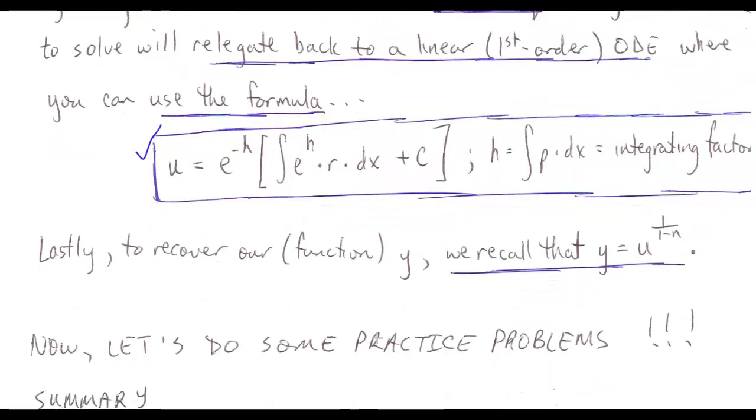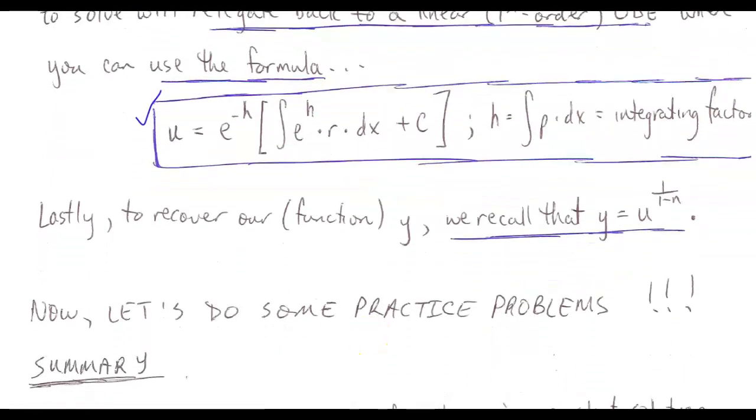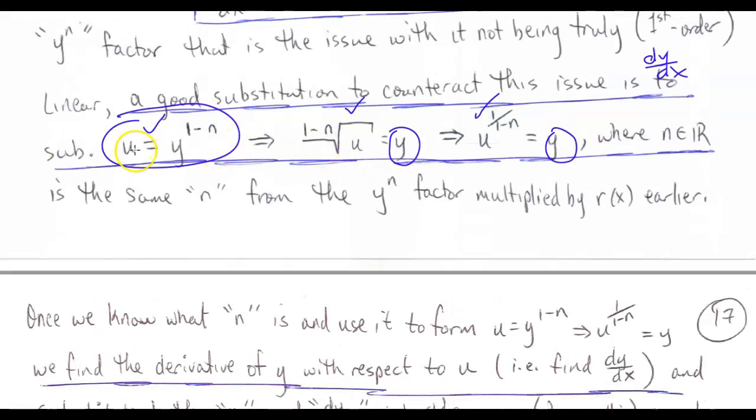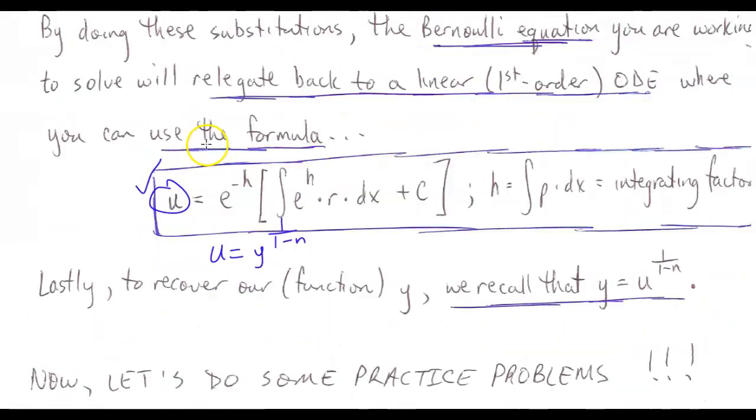All right. So once we actually solve this for u, then of course we know that u is going to be the same as y raised to the 1 divided by n. And hold on here, I think I may have said that wrong. So u is y raised to the 1 minus n.